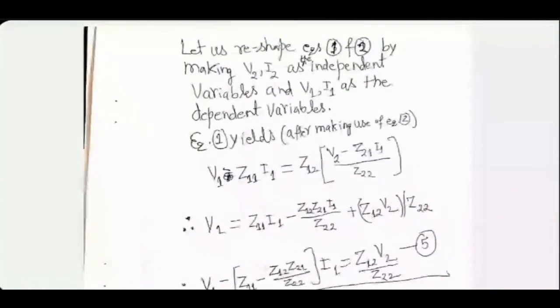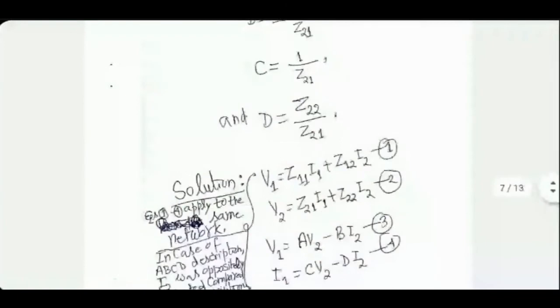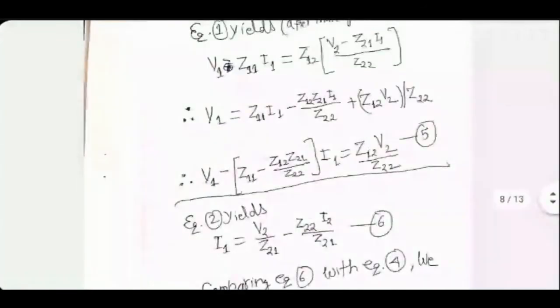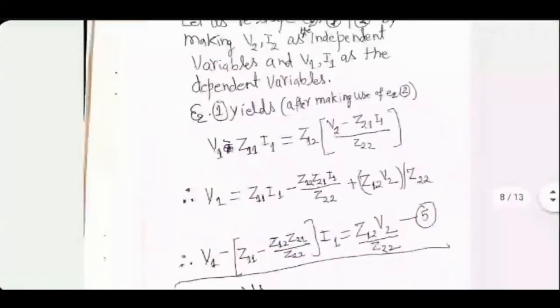V1 minus Z11 I1 equal to Z12 I2, and I2 I have taken from equation 2. And this result ultimately gives me equation 5. V1 minus something multiplied by I1 equal to something multiplied by V2.